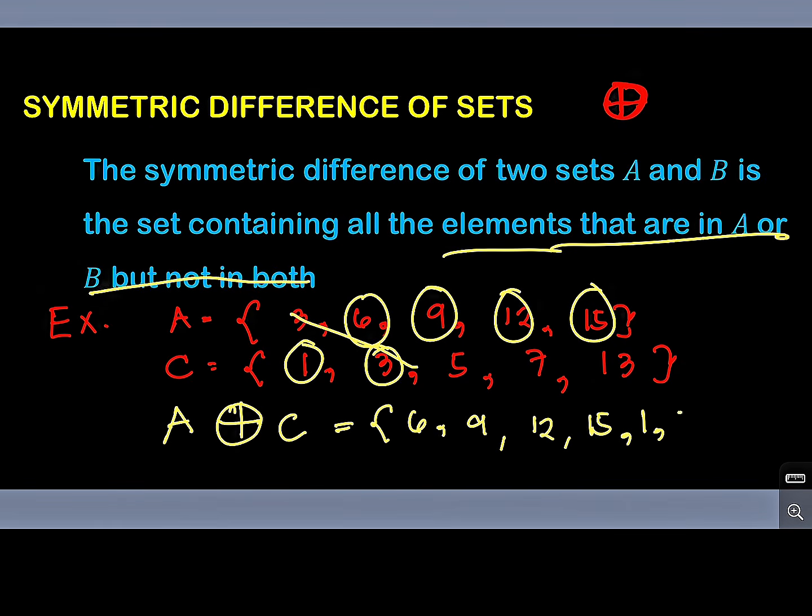It's okay if you will not arrange the following elements in ascending or descending order, as long as you have listed all the unique elements. So that's the answer for symmetric difference.